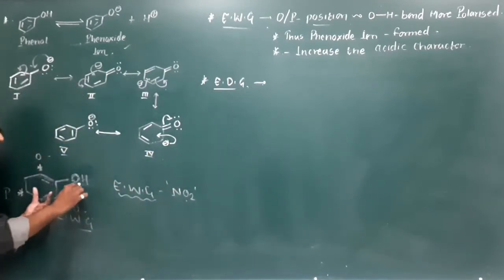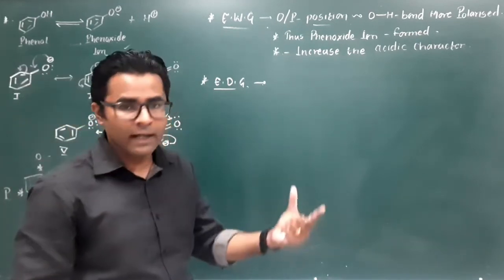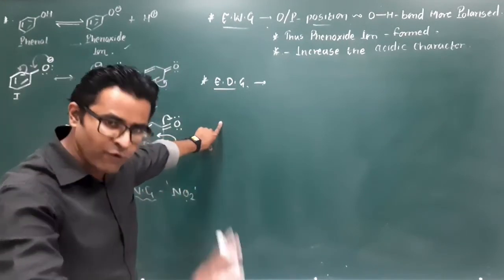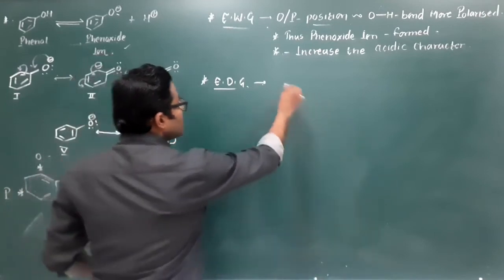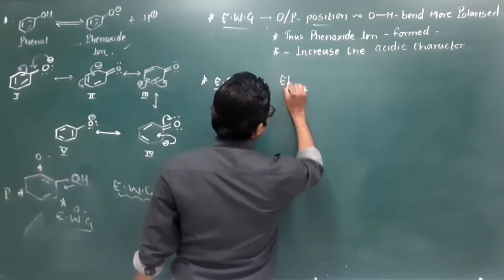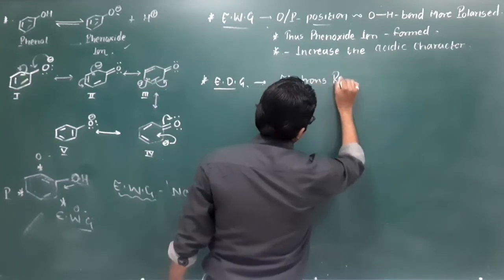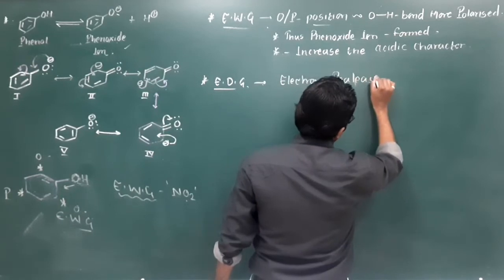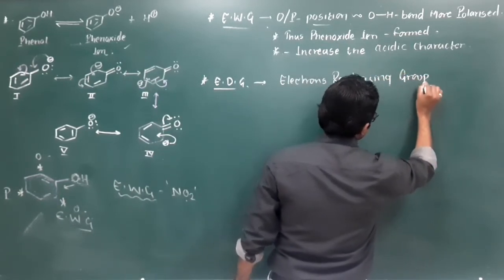As a result, this particular bond is not so ionized, not so polarized. Even if the phenoxide ion is formed, the phenoxide ion is destabilized. These are electron releasing groups.